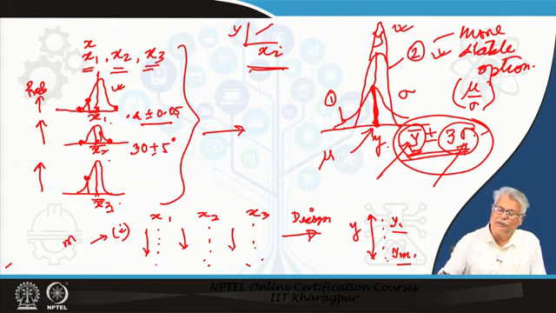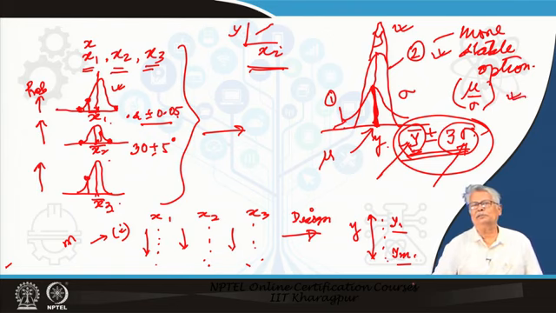So the lower the value of sigma by mu, the more stable your design is, and this is a quantitative measure of how stable your design output is, and with this you can compare different design options and opt for the more stable design.